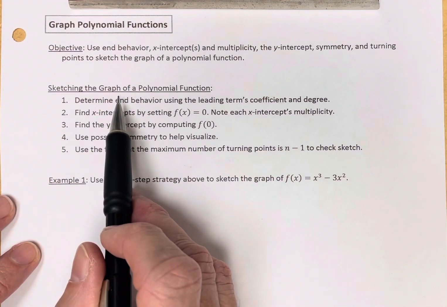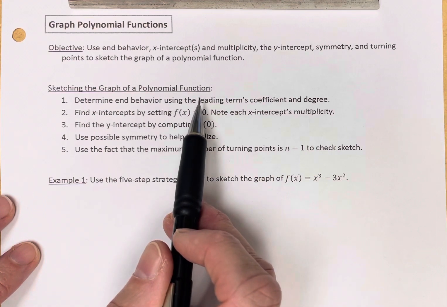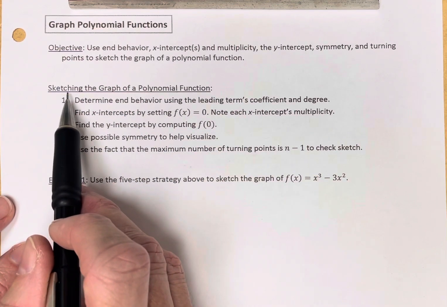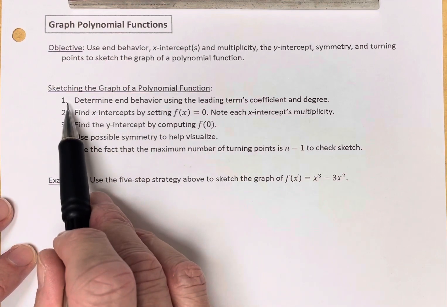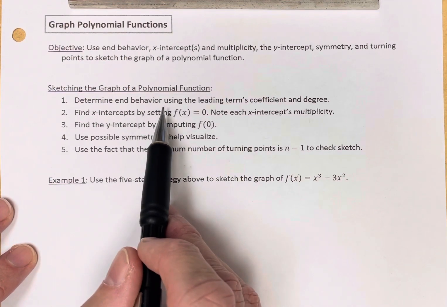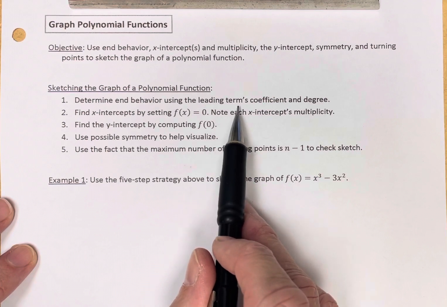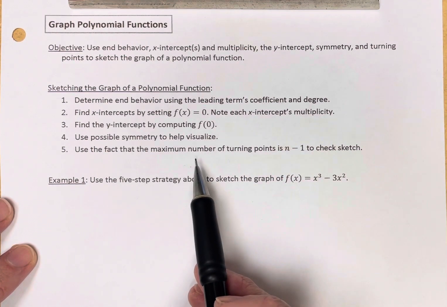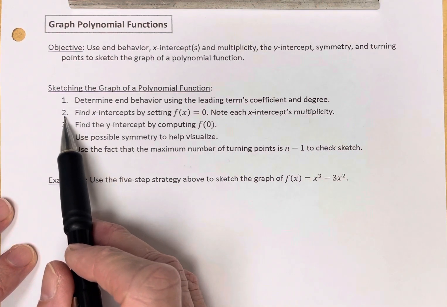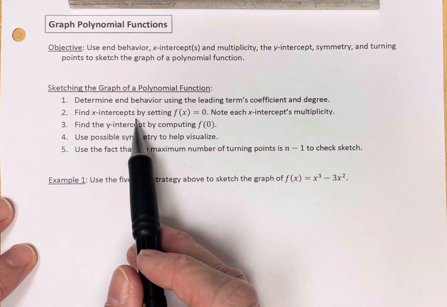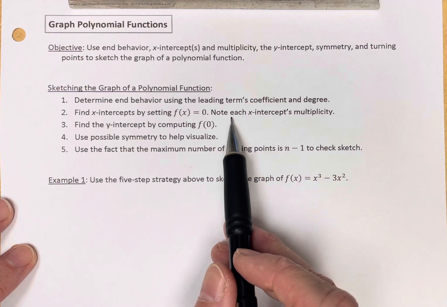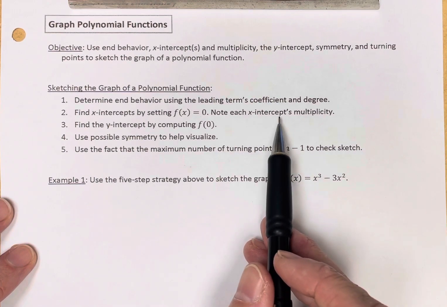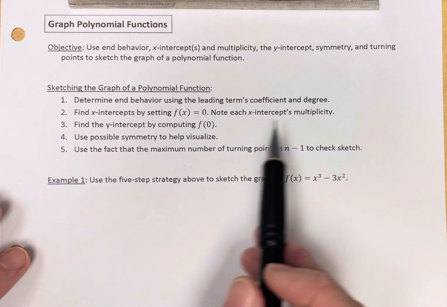To sketch the graph of a polynomial function, and again, the key word here is sketch, we just want to get a general idea of what it looks like. First, determine the end behavior using the leading term's coefficient and degree. Second, find the x-intercepts by setting f of x equal to 0, and note each x-intercept's multiplicity.